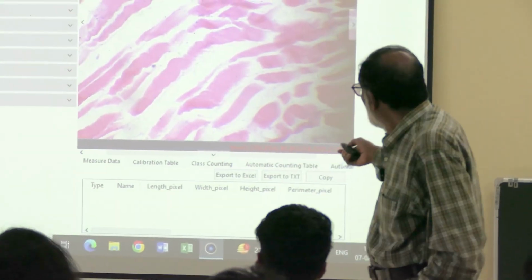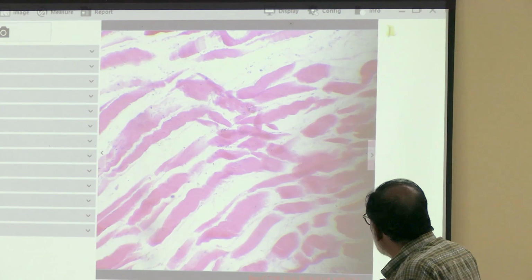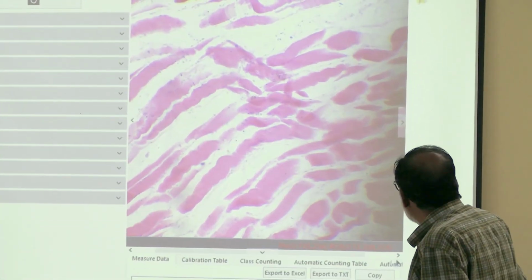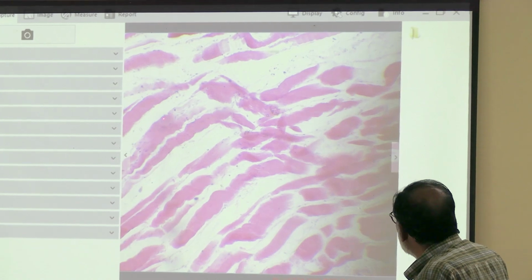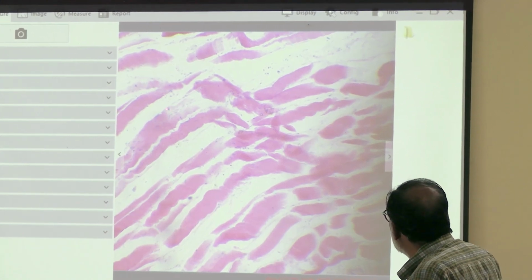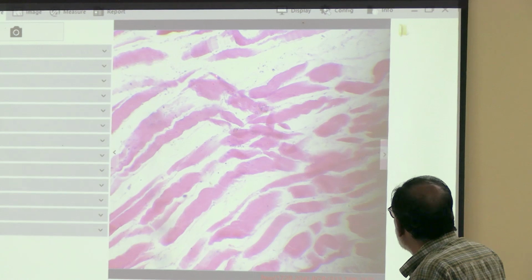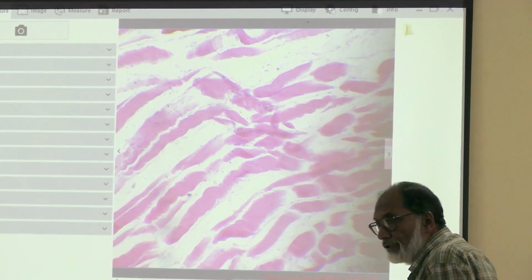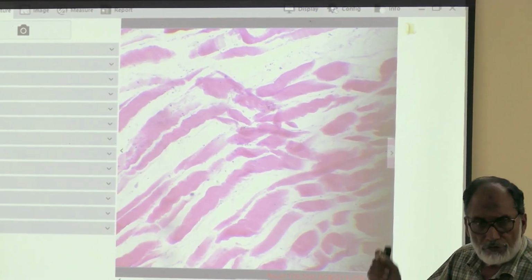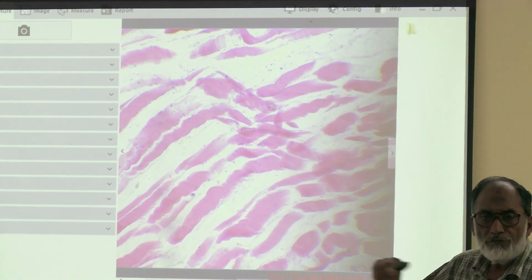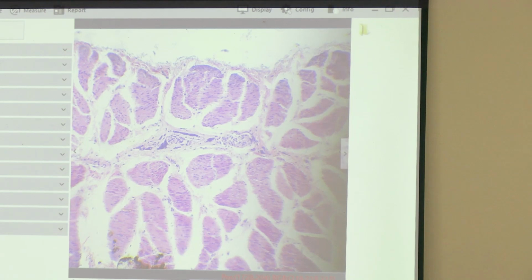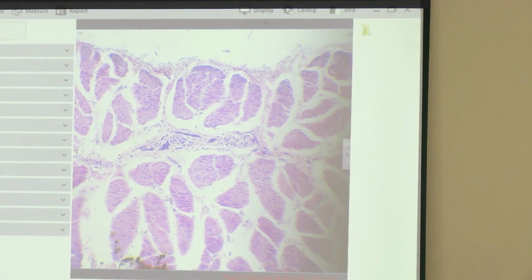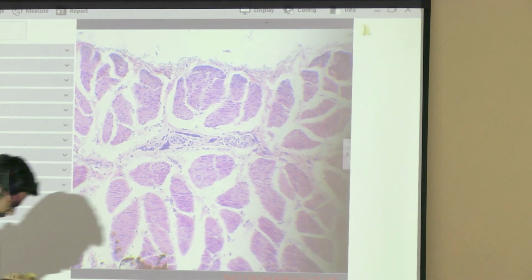If you see that hematoxylin is taken up, these are nuclei. If there are multiple nuclei along the periphery, you will diagnose it as a slide of skeletal muscle. Right? Here you see skeletal, but the nuclei are not peripherally situated, they are haphazardly situated.